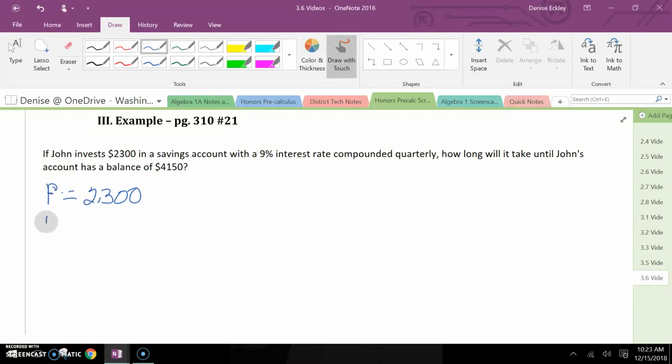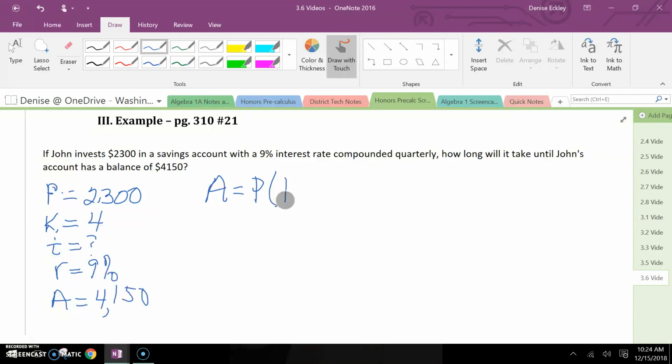We have a K value of 4 because of the quarterly. We don't know what the time is. We have an interest rate of 9%, and we know that our accumulated value is $4,150.